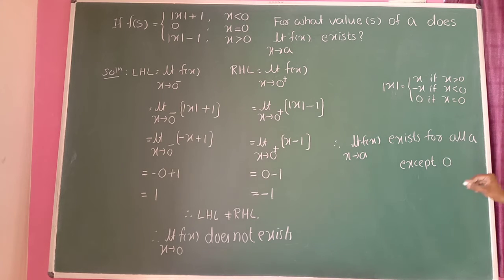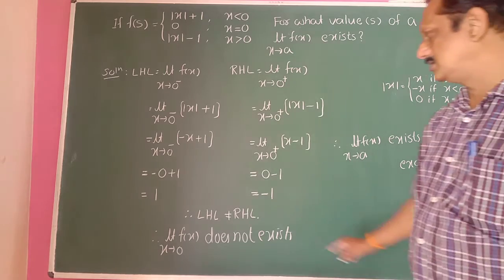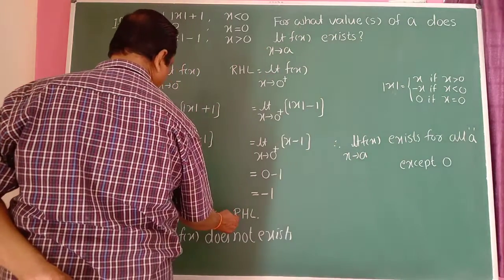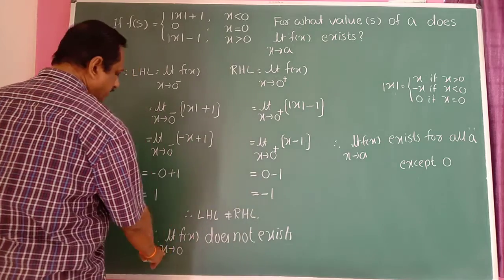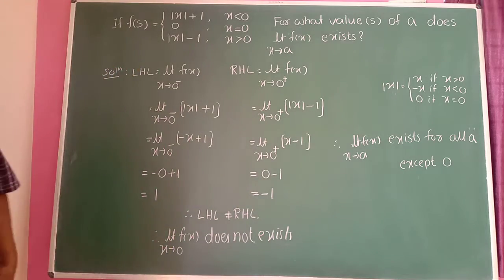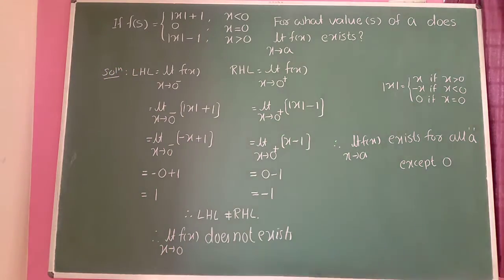Except the value 0. For all the values of a, this limit exists except 0. This is the answer, because here LHL is not equal to RHL as x tends to 0. Therefore, the limit does not exist here.